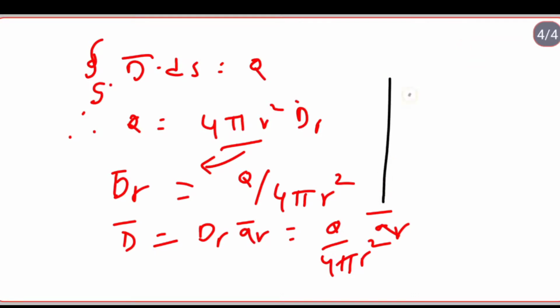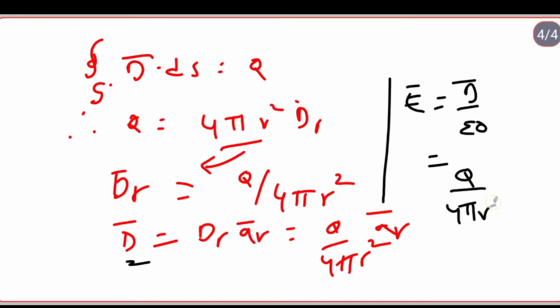Now E bar is, what is the relation between D and E? E bar equal to D by epsilon, or D equal to epsilon naught E. We calculated D bar, that is q by 4 pi r square ar. Now if you substitute in place of D bar, q by 4 pi r square ar, then you can calculate E. This is the equation we already obtained by using Coulomb's law.